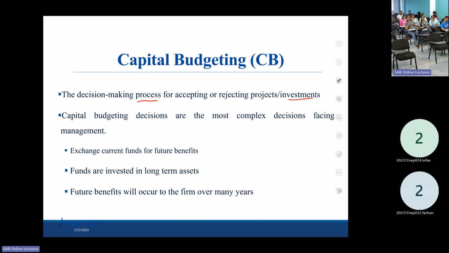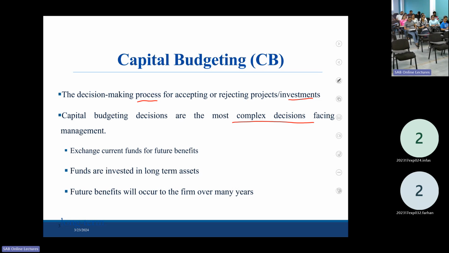Capital budgeting is the most complex, most complicated decision facing management, because it involves current funds for future benefits. If you look at the reading textbooks, they explain this very nicely.